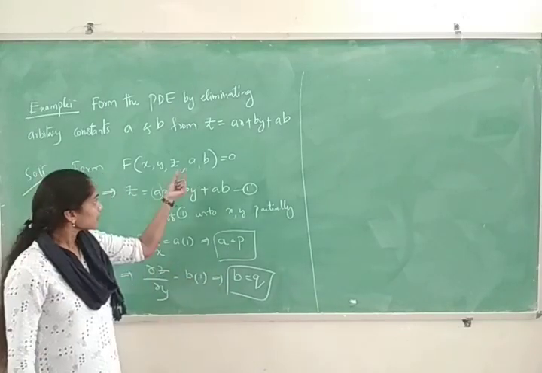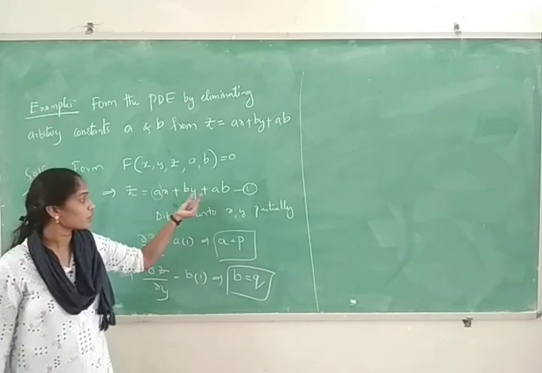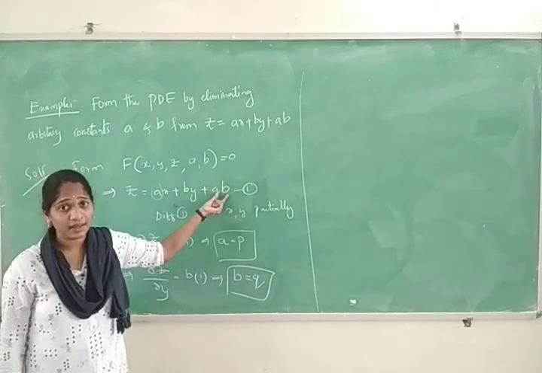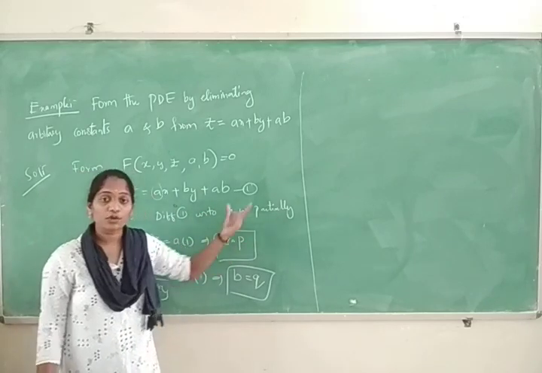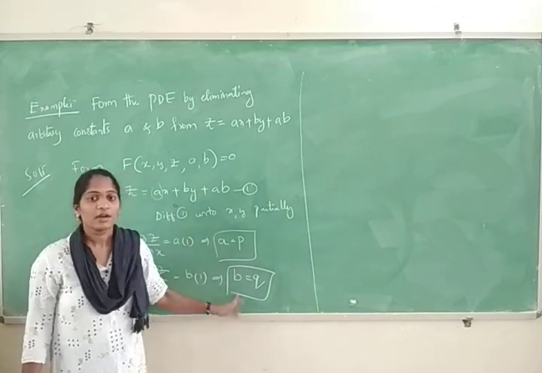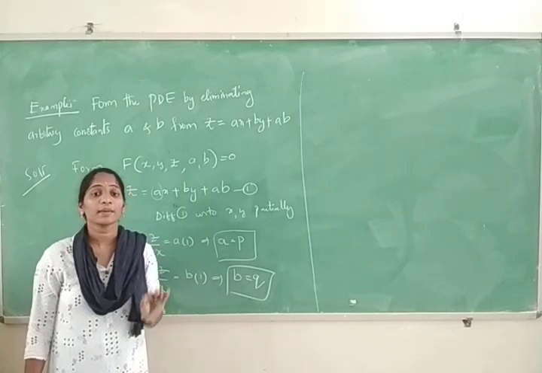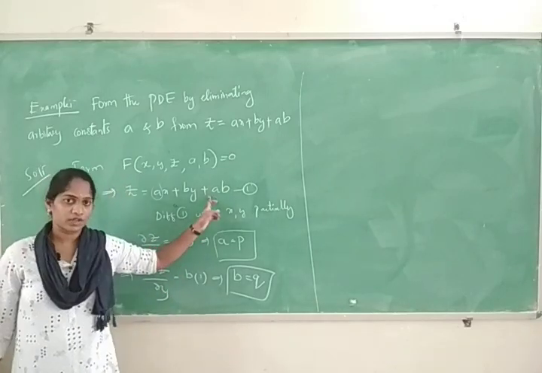In the given equation the arbitrary constants are two, a comma b. You eliminate the arbitrary constants by differentiating and you got the values of a and b. Now substitute the a comma b values in equation 1.